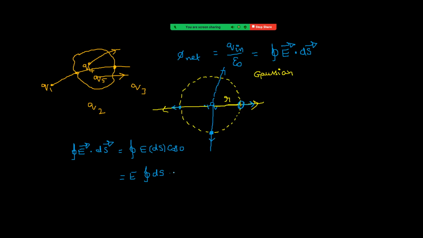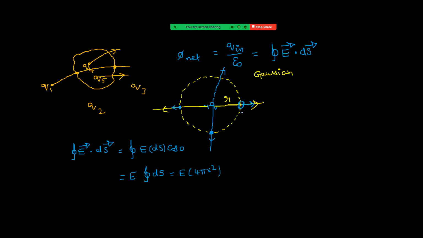That means this is equal to the sum of these small areas dS, dS, dS like this, which gives us the surface area of the sphere, that is 4 pi r square.